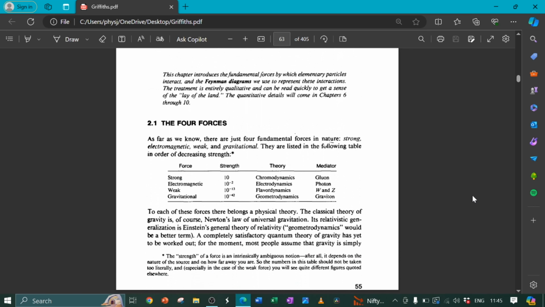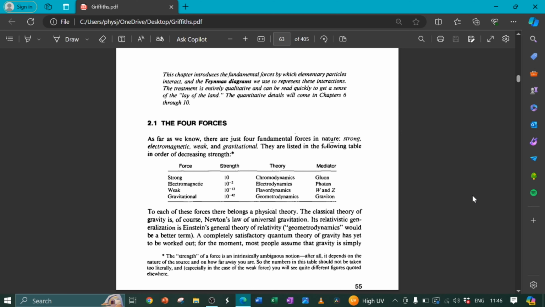The four forces. As far as we know, there are just four fundamental forces in nature: strong, electromagnetic, weak, and gravitational. They are listed in the following table in order of decreasing strength. Strong force, strength 10, theory: chromodynamics, mediator: gluon.